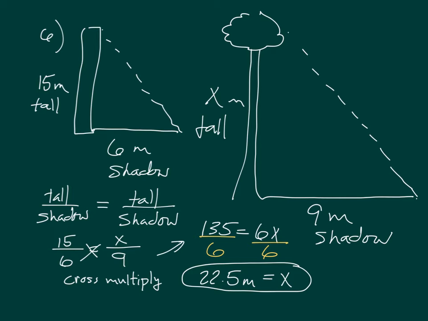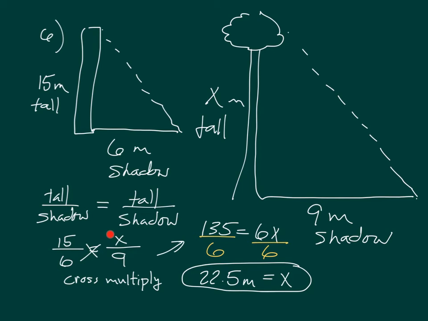Because the only thing that can have a bigger shadow is something that's taller. Now, what I do is I set up my proportion. In this case, I decided to do tall over shadow is tall over shadow. I could have done building over tree is building over tree. Remember when we did proportions, they just have to match up. Different ways you can write them. So my proportion here was 15, the height of the building, over 6, the shadow of the building.